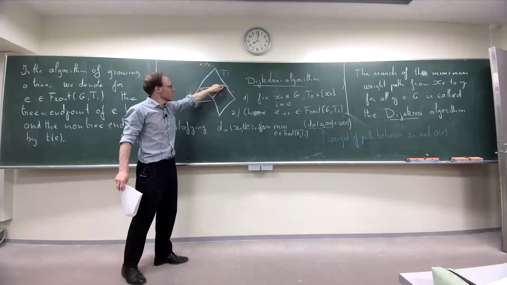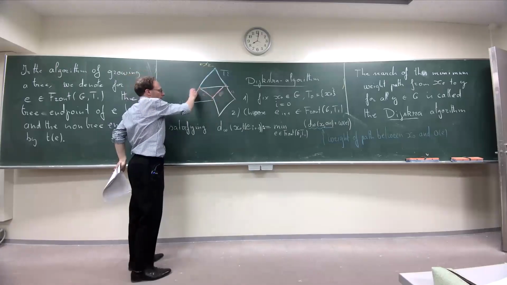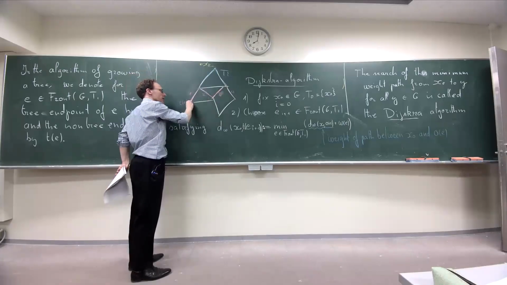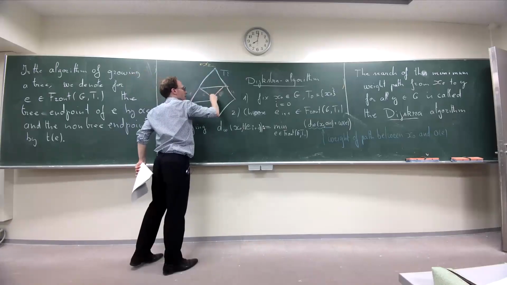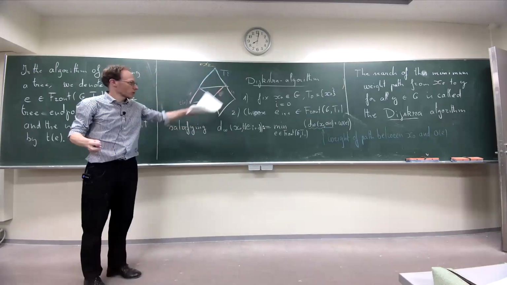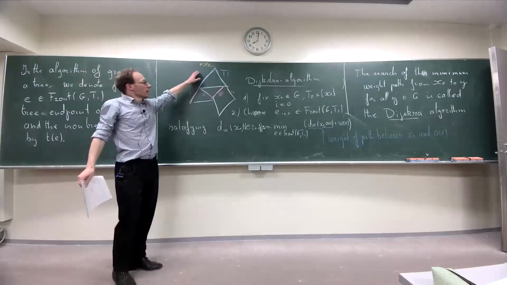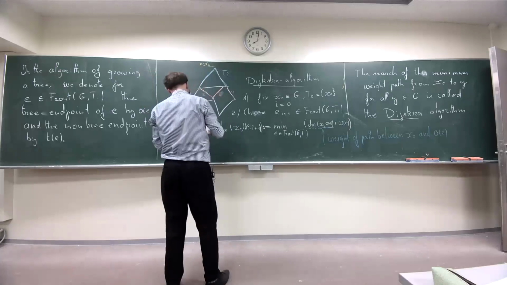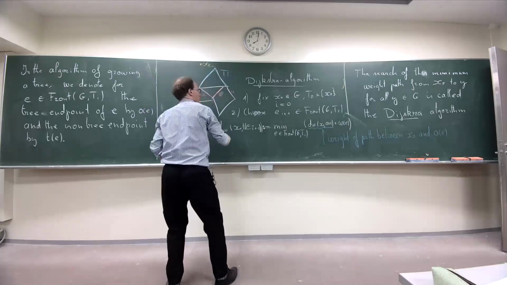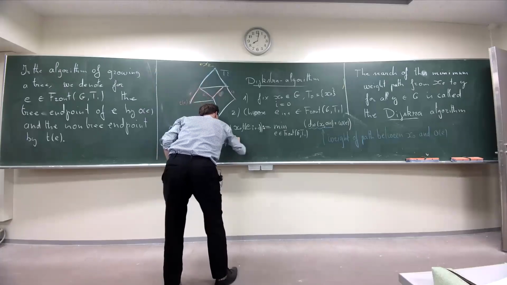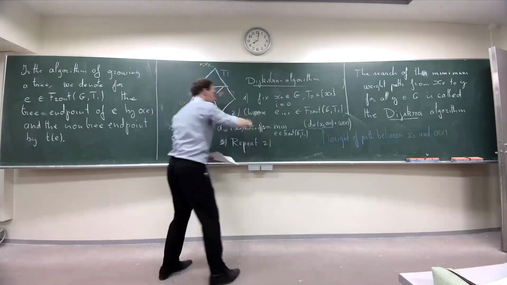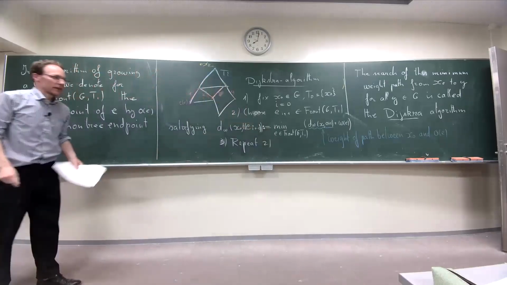It will either be this one, because this one has an additional length which is smaller than this one, so it will either be this one or this one, because pi is smaller than 4. And you do this iteratively. I will again discuss this next time, and then point 3 is repeat 2 until this is empty set.